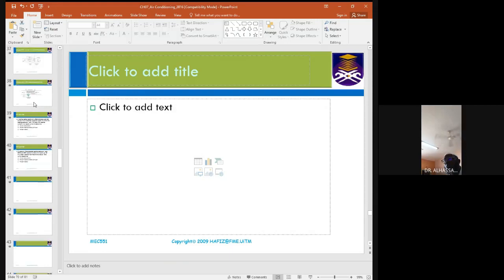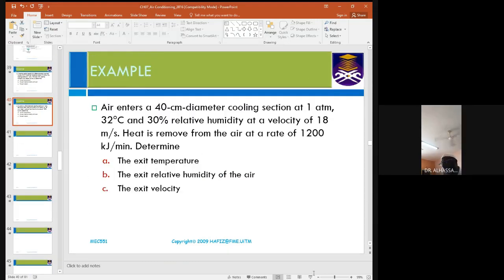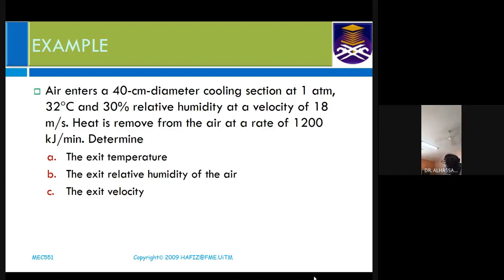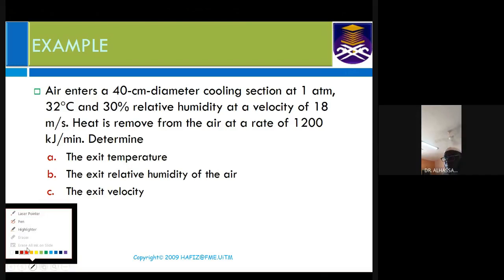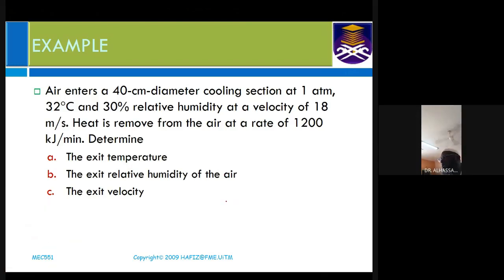Okay, so here we have the air conditioned duct. Let us sketch it. Okay, so this is the air conditioned duct. Air enters at 40 centimeter diameter cooling section. Cooling section means that heat is being taken out. We have Q out, at 1 atm.